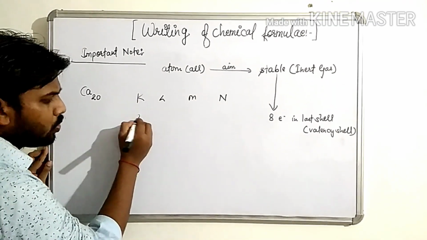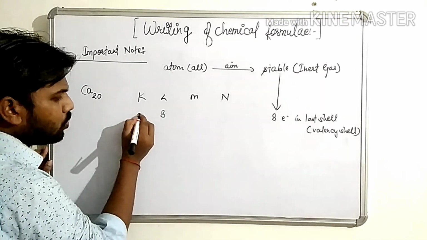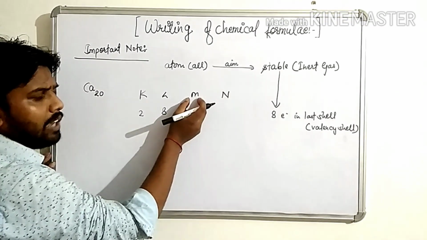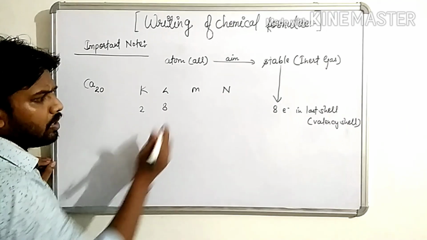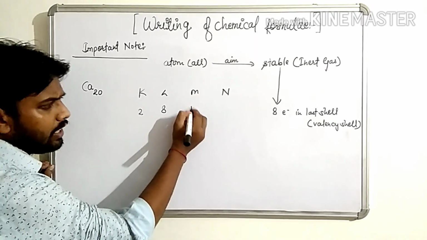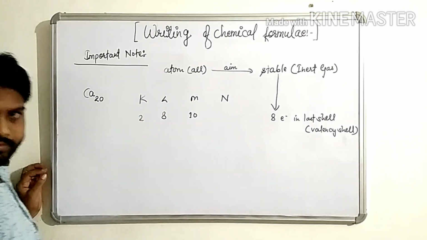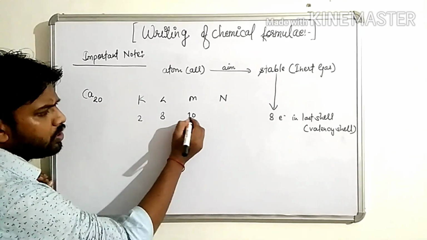So 2, 8, and the M cell can accommodate 18 electrons, so students fill 10 electrons in the M cell. According to the rule, children, it seems right.